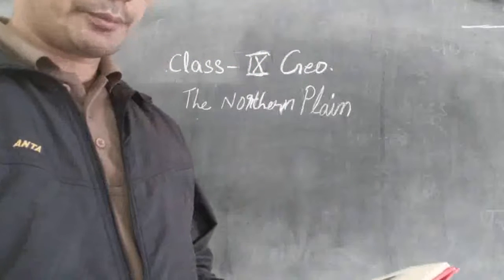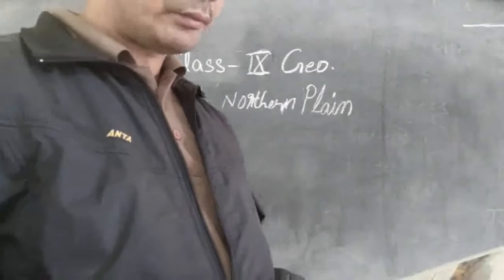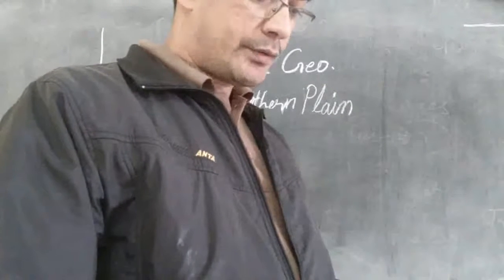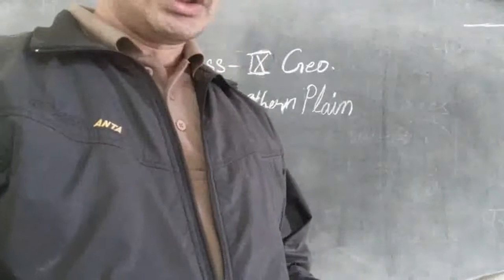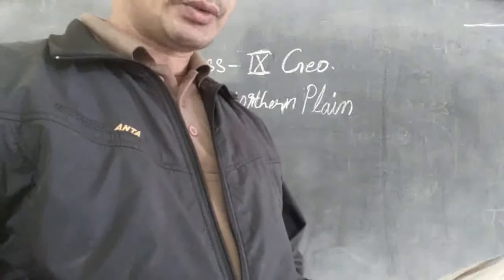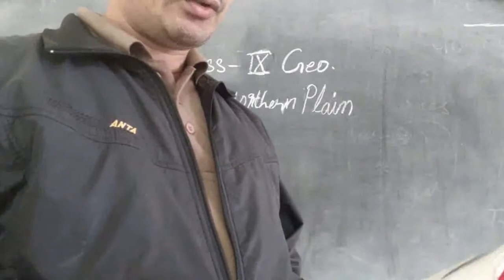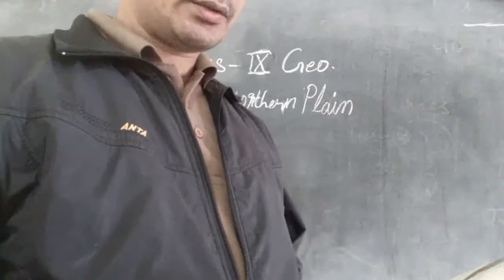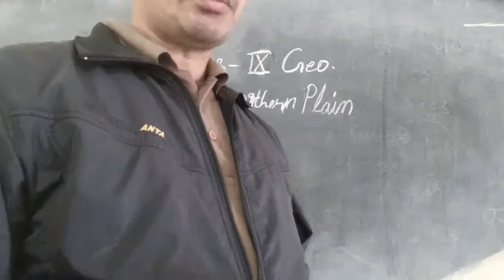First we can say, the rivers, after descending from the mountains, deposit pebbles in narrow belts of about 8 to 16 kilometers in width, lying parallel to the slopes of the Shivaliks. It is known as Bhabar.